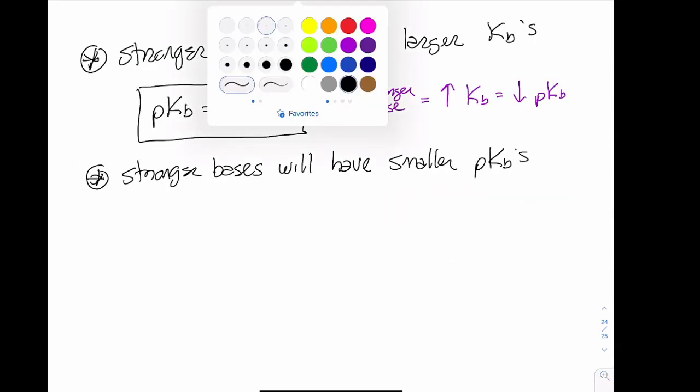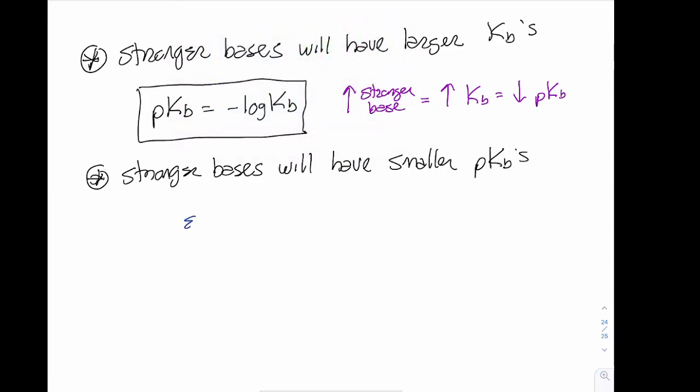An example, we can look at ammonia. We just did that one, right? We said that the Kb is 1.8 times 10 to the negative fifth. And let's look at methylamine.